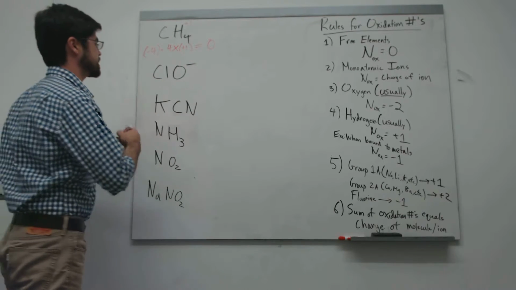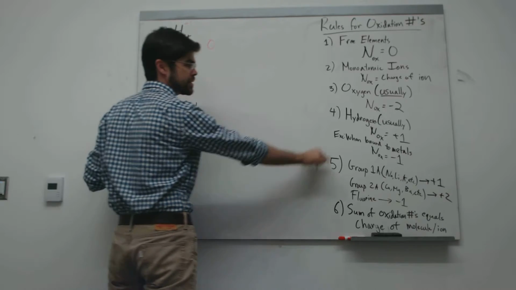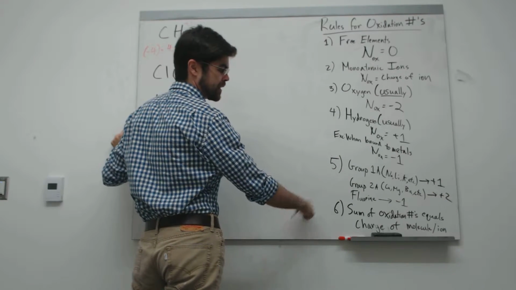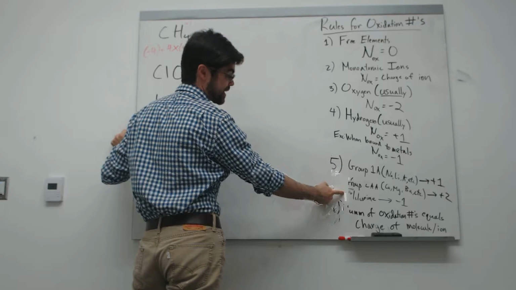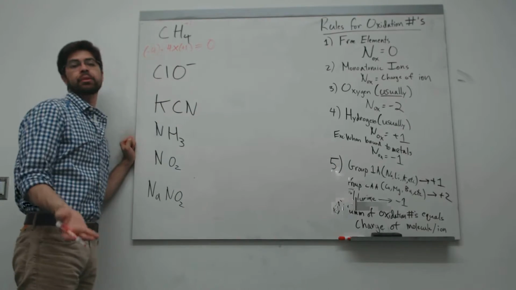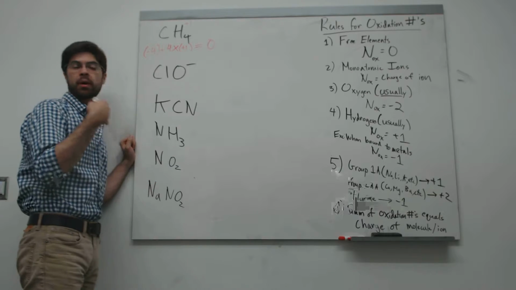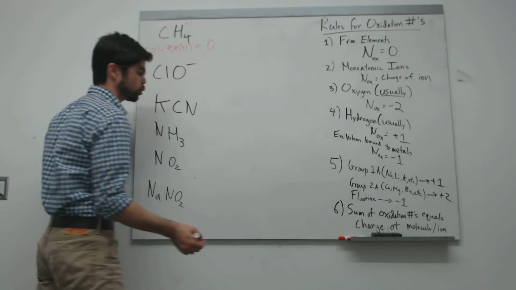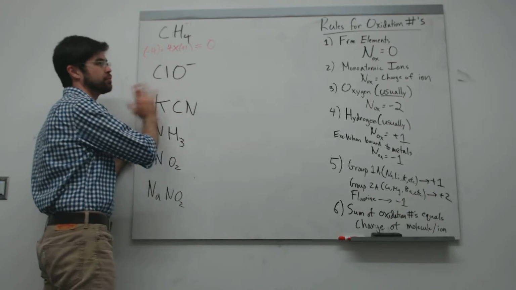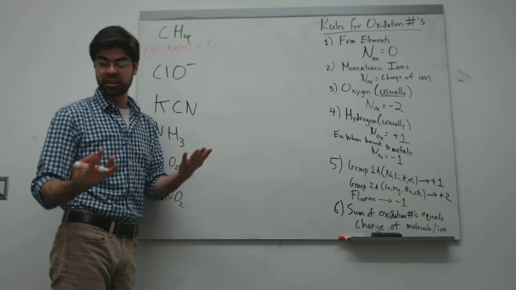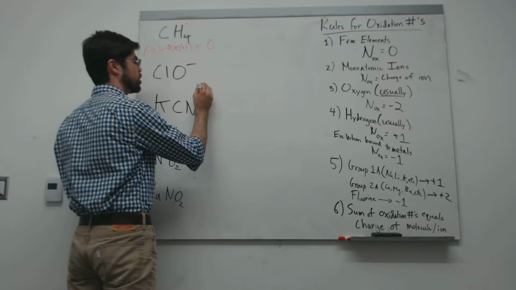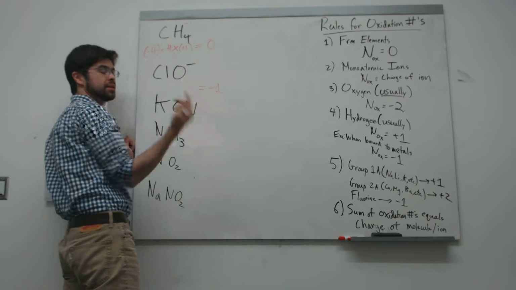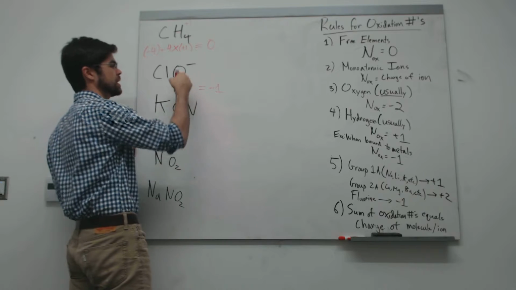So here, the net negative charge, or chlorine, again, chlorine doesn't fall into any of these categories. It's not in group 1 or 2, and it's not fluorine, so it has a variable oxidation number. It depends upon what else it's bound to. So we have to resort to Rule 6 again here, and figure out the oxidation states of everything else first. I know that the sum of the oxidation states has to be -1 because it has a net negative charge.